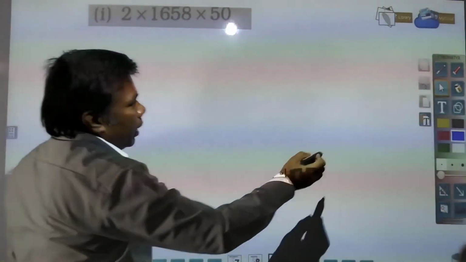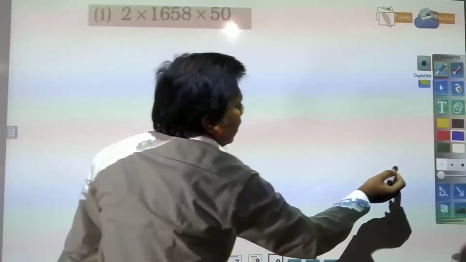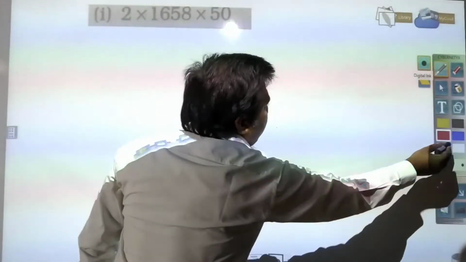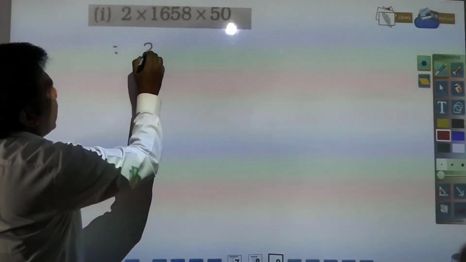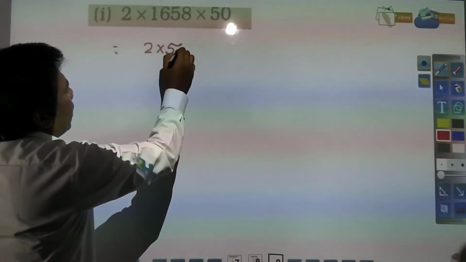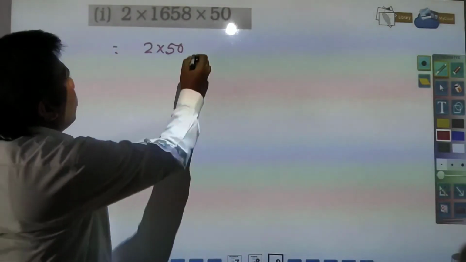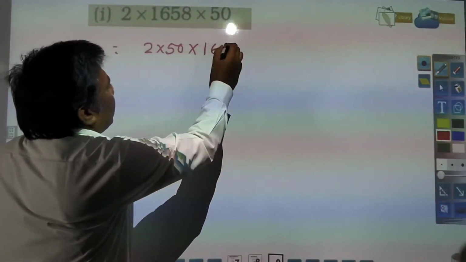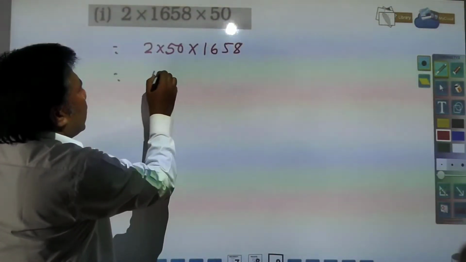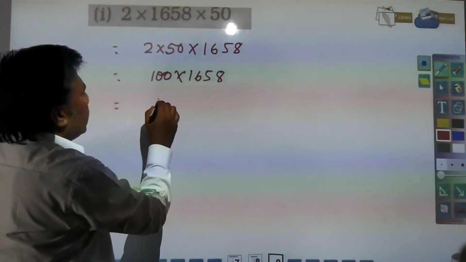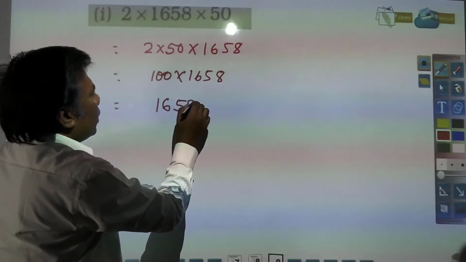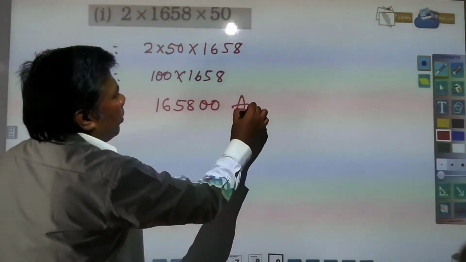So what can be done? Here you see, it can be written as 2 into 50 into 1658, so that you will get 100 into 1658, and this will be 165800, and this will be your answer.